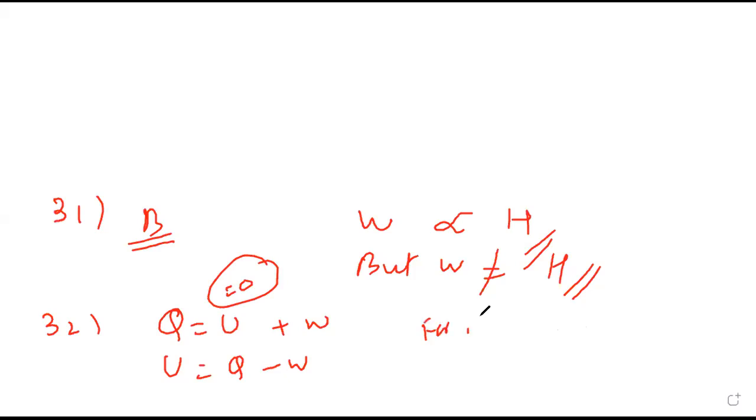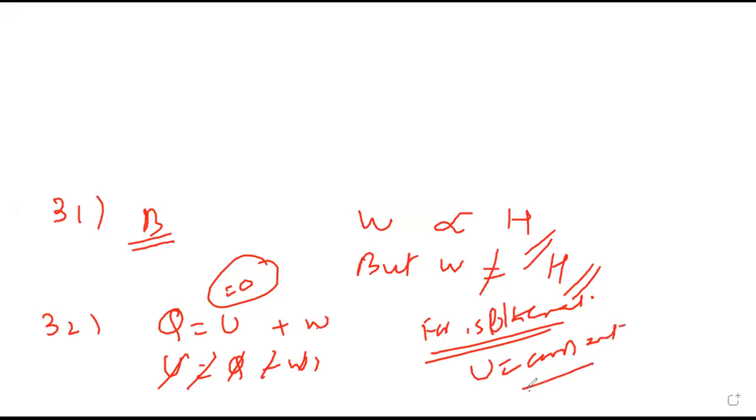So for isothermal, if you add the heat, the entire heat is used for work done. Correct or not? Yes, sir. So that means it is not always true. So A is wrong and B is the correct option.